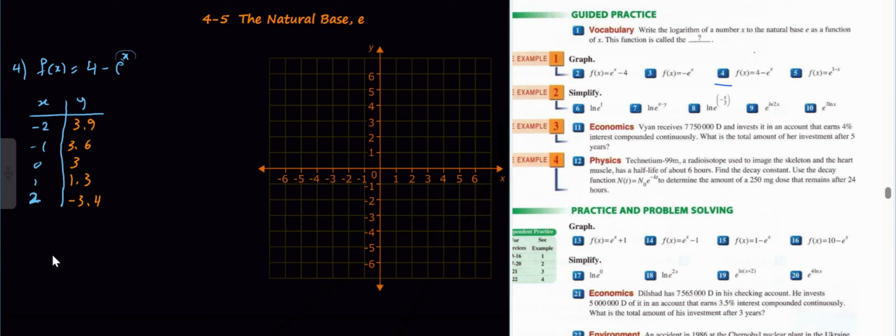Okay, let's do it. Here we have -2 with 3.9. It's nearly here. We have -1 with 3.6. It's nearly here. And we have 0 with 3.